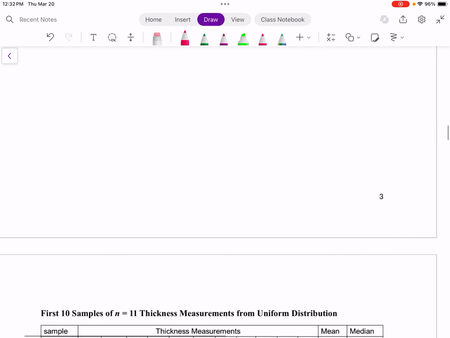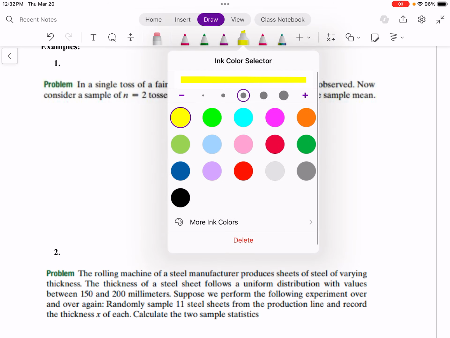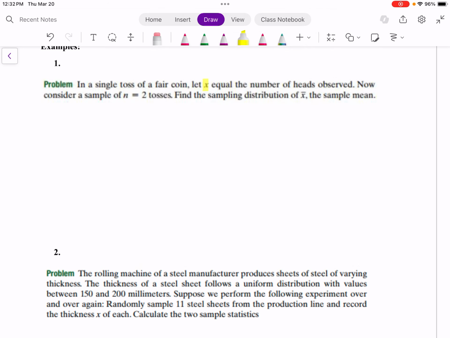The next thing we have, here in example 1, we learn how to create a sampling distribution. In a single toss of a fair coin, let X equal the number of heads observed. Now consider a sample of n equals 2 tosses.